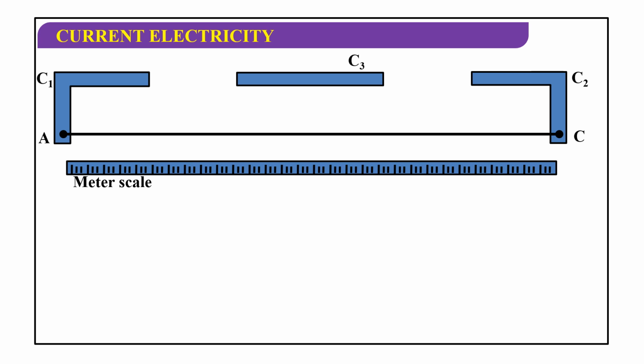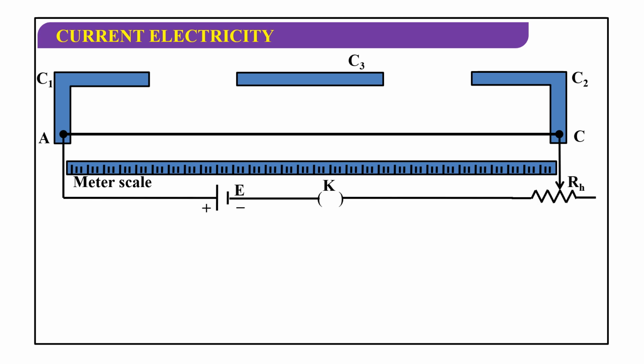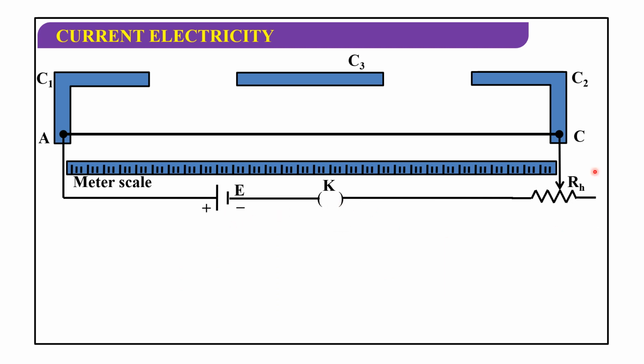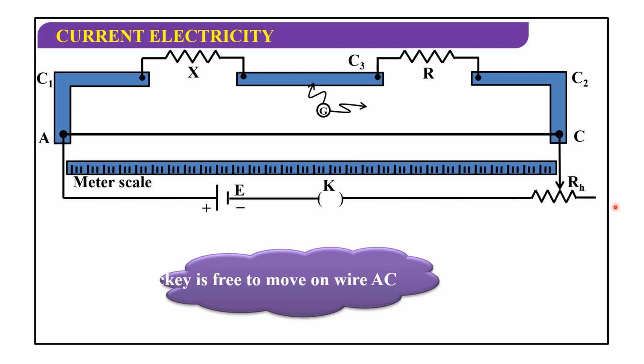A meter scale is attached. Resistance rheostat RH is used to reduce the current in the network, and the key is there and the EMF E. X is a resistance, R is another resistance. Now the galvanometer is connected and the jockey is free to move on wire AC.